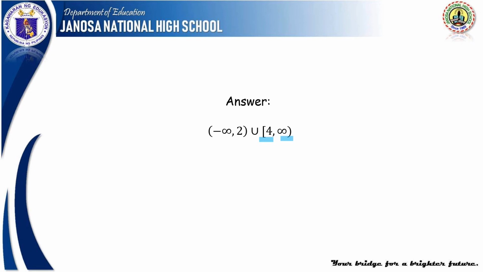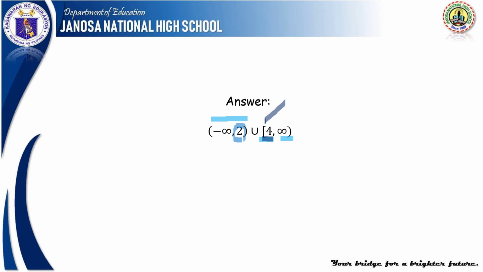So for this one, we use open interval since hindi naman kasama ang 2 sa solution natin. And for this one, gumamit tayo ng bracket since ang 4 natin na critical value ay isa sa endpoint na kasama sa solution set.